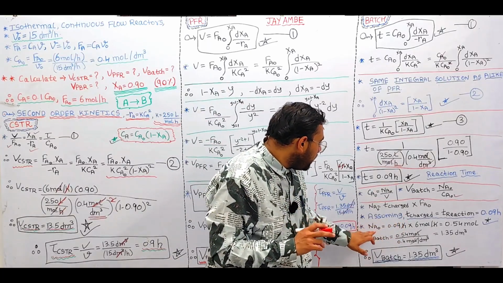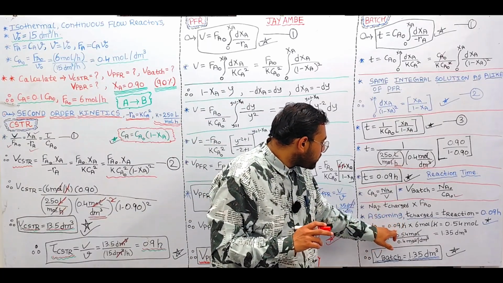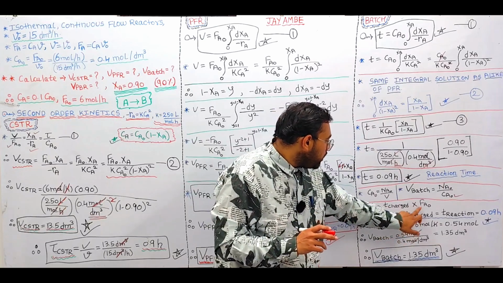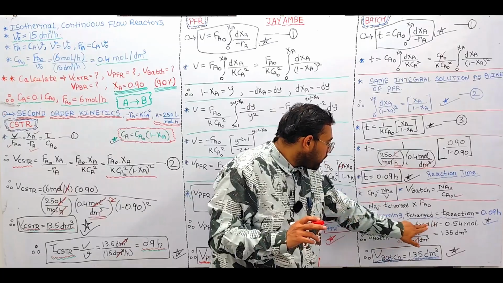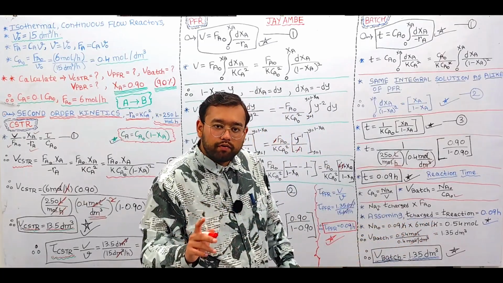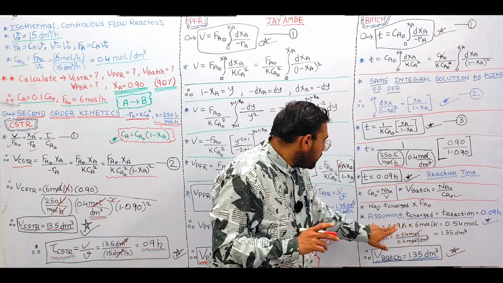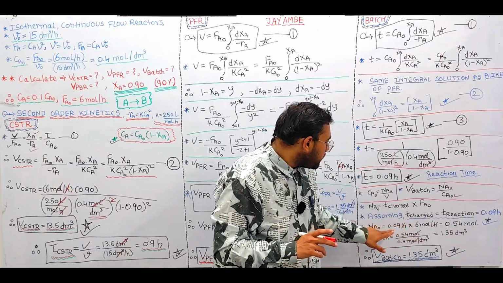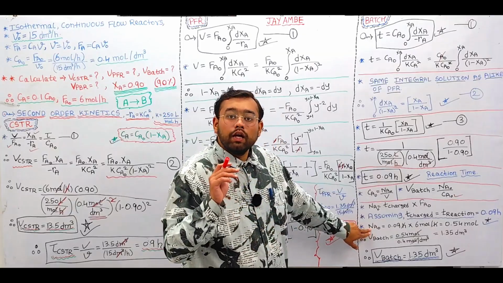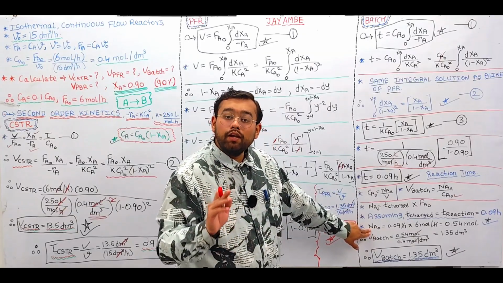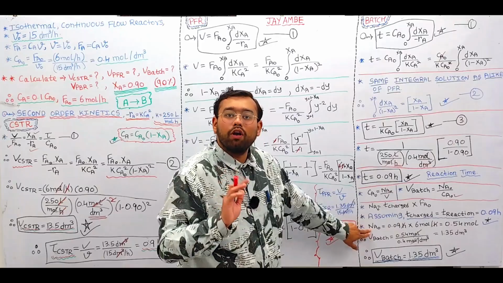So we can write Na0 is equal to the charge time of 0.09 hours into the initial molar flow rate, which is 6 moles per hour. From the numerator and denominator, the hours get cancelled off and we remain with moles. After calculating, we get 0.54 moles, which means we have calculated the initial number of moles present in the volume of the reactor.